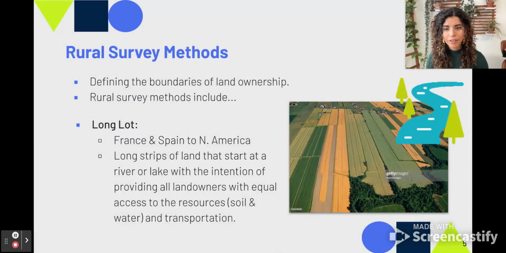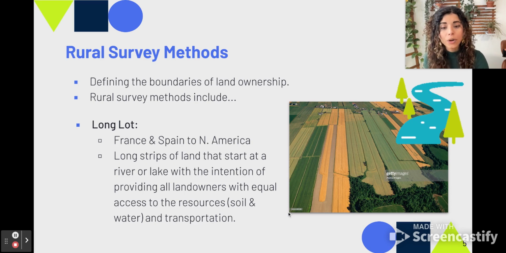Then we also have the long lot method of surveying land. This began in France and Spain and then eventually also diffused to North America. These are long strips of land as pictured here, right? You can definitely see that huge difference between Metes and Bounds and long lot. Typically they're meant to give access to things like rivers or lakes, or sometimes transportation.